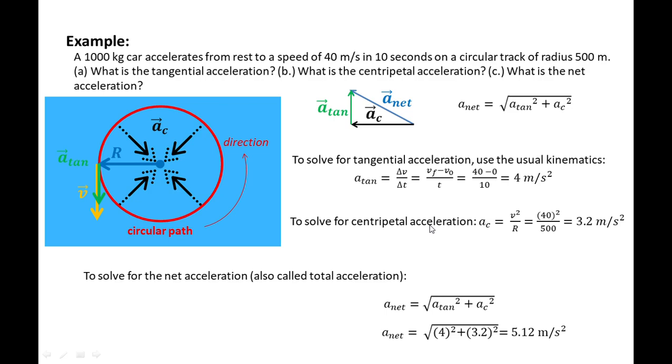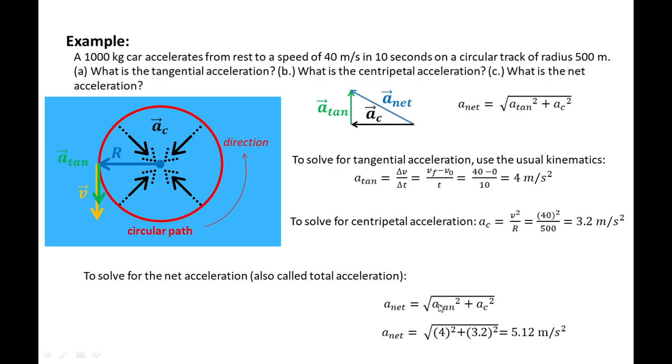Now to solve for the net acceleration, or also called the total acceleration, all we have to do is to use this equation here, because again we can think of the tangential acceleration and centripetal acceleration as the x and the y components of your total acceleration. So our net acceleration is just equal to the square root of the sum of the squares of the tangential acceleration and the centripetal acceleration.